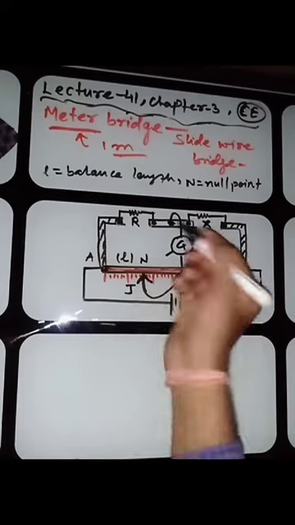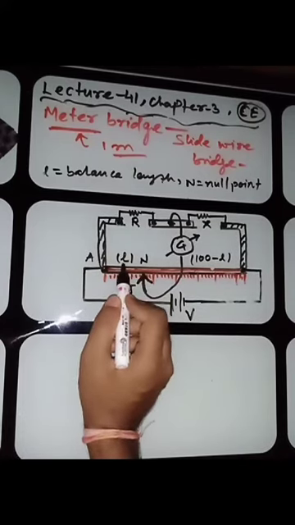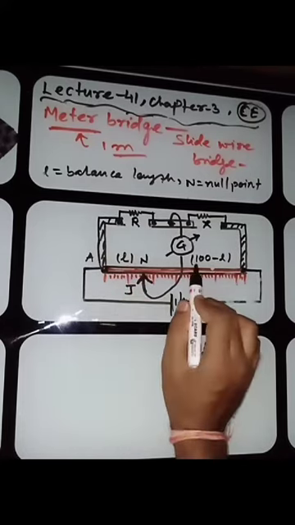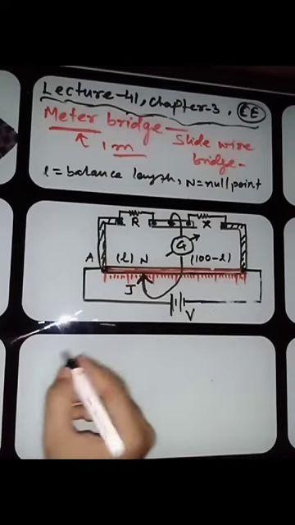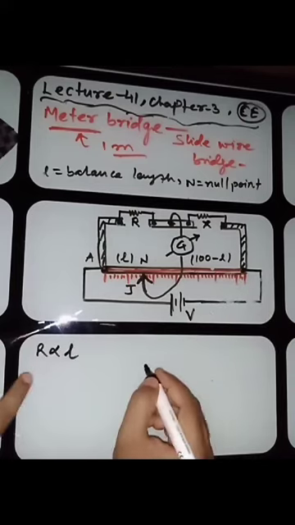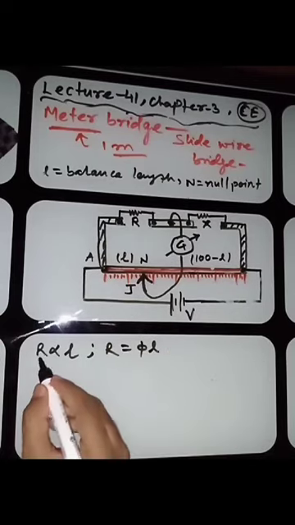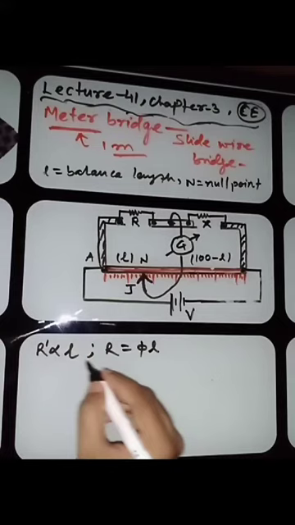All right. Now, if this is the length L and this is the length, having the same material, what will be the resistance? You can write resistance is directly proportional to the length. All right. So here R is σ times L. Suppose the resistance, here I am writing resistance, not this R. Okay, let me write R dash.